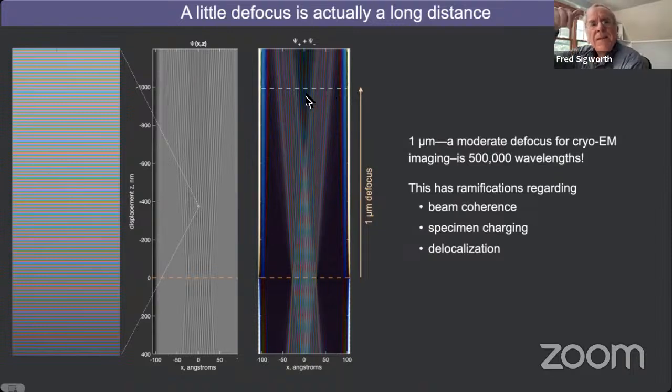If electrons come through at different angles, the all important interference pattern is going to be washed out. So that's why we spend an extra $1 million to have high coherence electron sources, field emission sources.